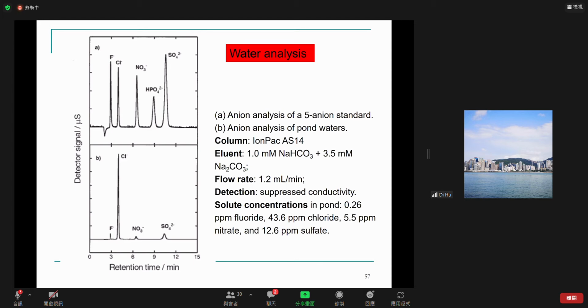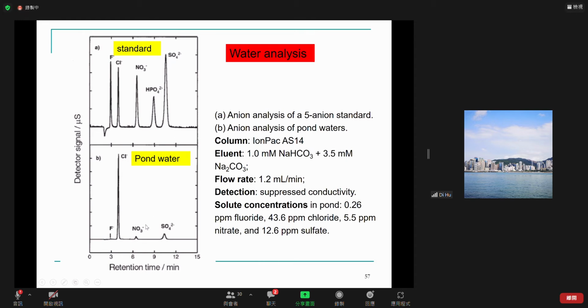We can see that ion chromatography can be applied in many different fields. One is environmental science, where it's commonly used for water analysis. Here is the analysis of pond water. Here is the standard: fluoride, chloride, nitrate, hydrogen phosphate and sulfate.